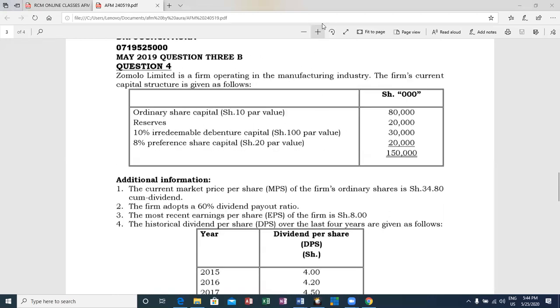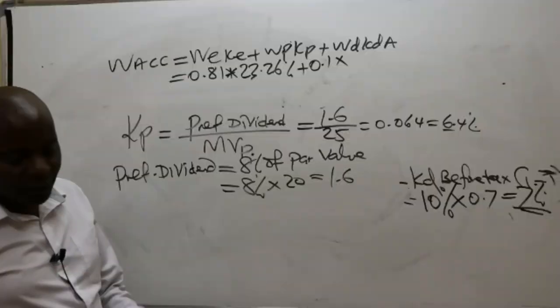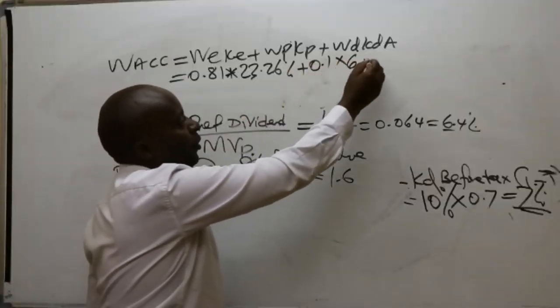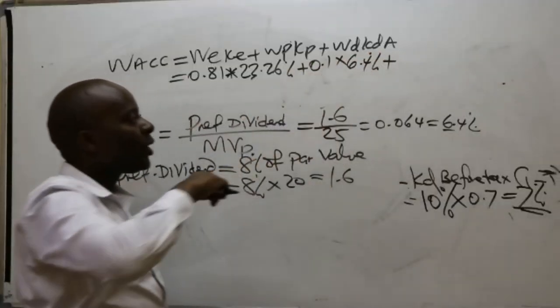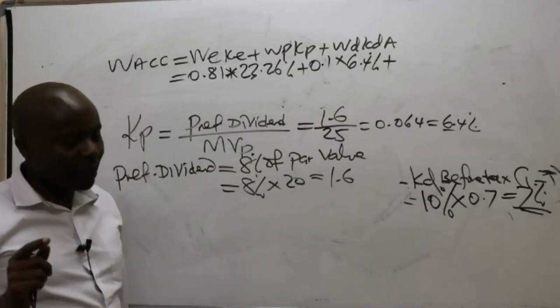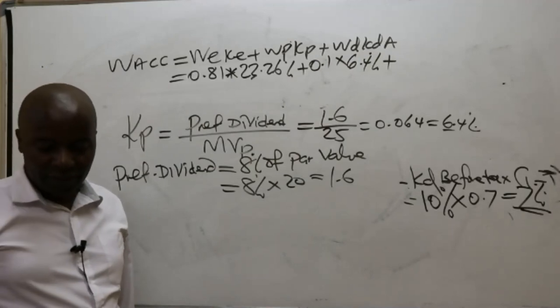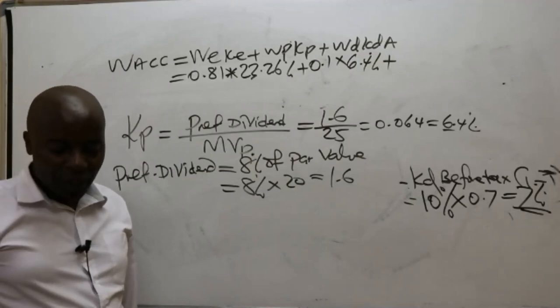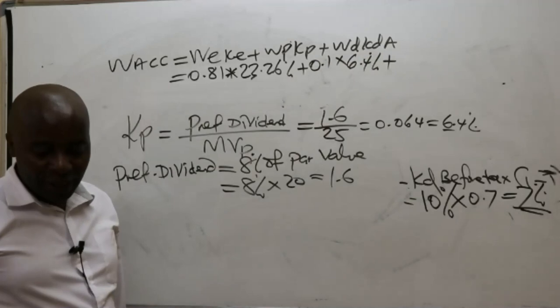Weight of preference times cost of preference that we've just gotten here. Thank you very much, Faith. Cost of preference is 6.4%, plus weight of debt.